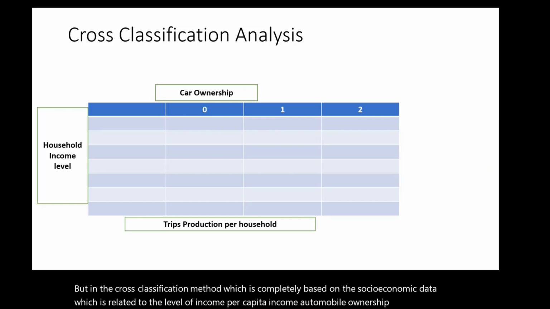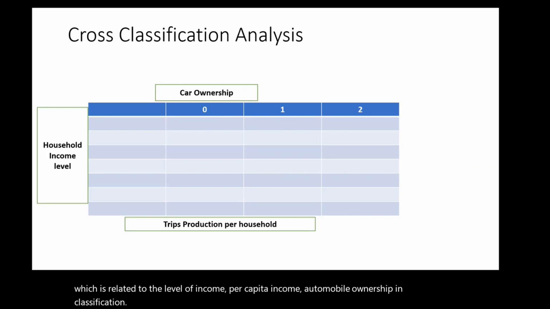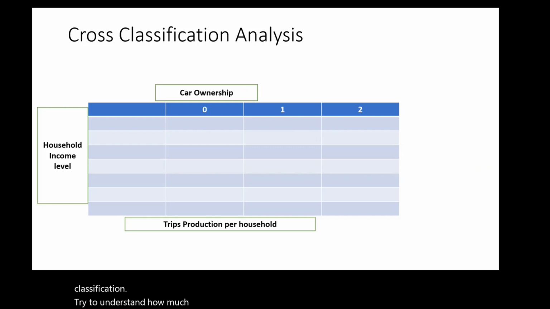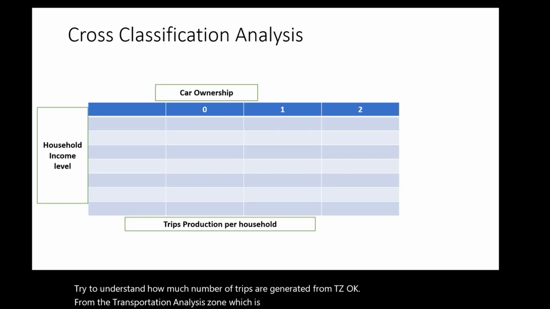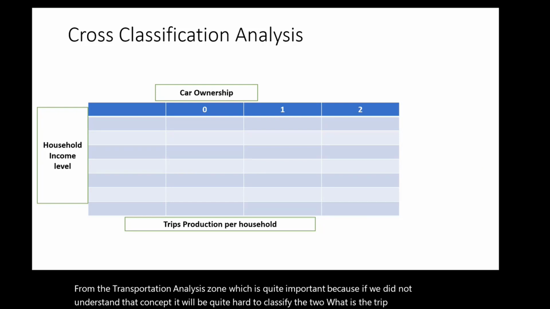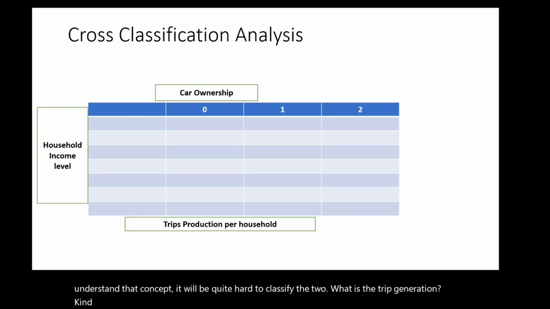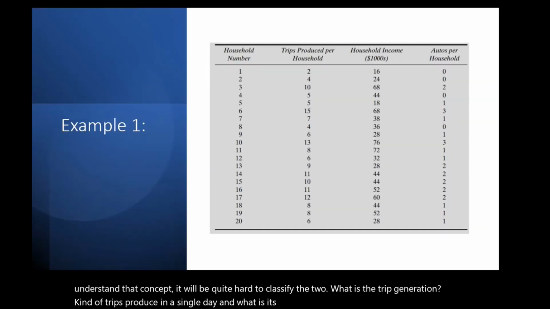Okay, so we usually try to understand how many trips are generated from a TAZ, the transportation analysis zone, which is quite important, because if we did not understand that concept, it will be quite hard to classify what kind of trips are produced in a single day, and what is its function or activity.